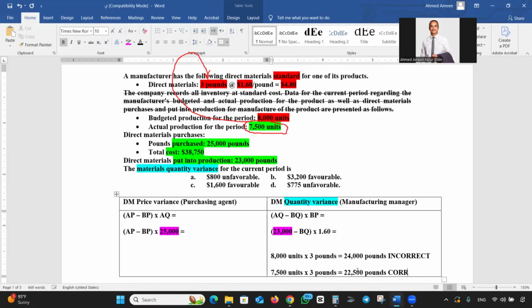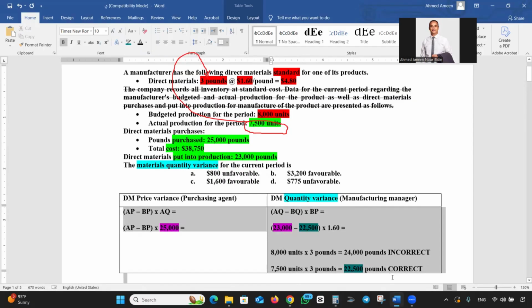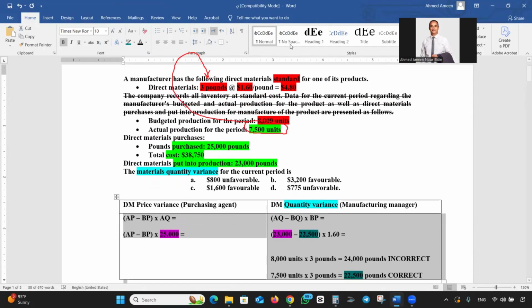This is the correct amount to be used, and you have to write 22,500 here. Now we will talk about why the last line is the correct amount while the previous one is not.